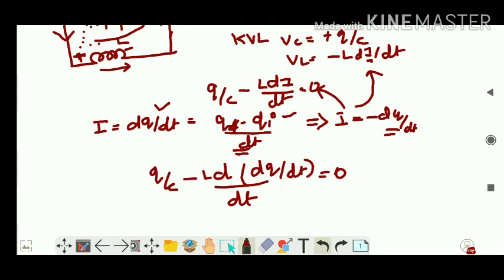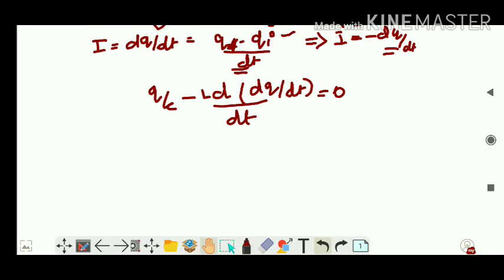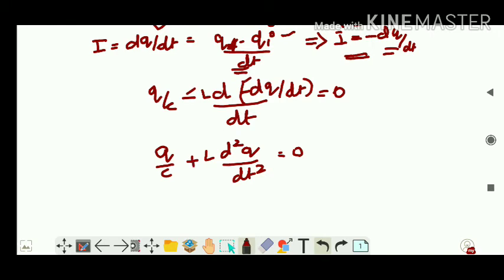Clear? Now I can write it as Q by C minus L d squared Q by dt squared is equal to 0. But I just wrote I is minus dq by dt, so I am supposed to write here minus. So this minus and this minus brings plus. You will get an equation like this.